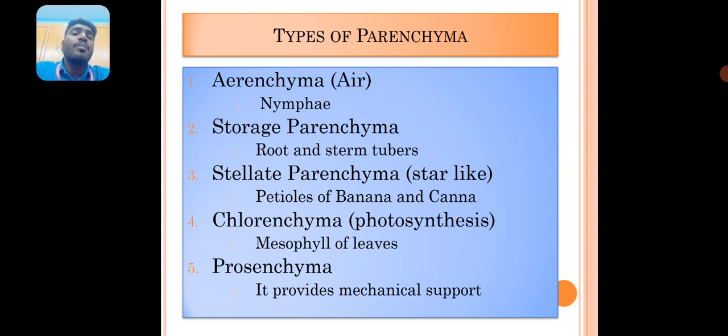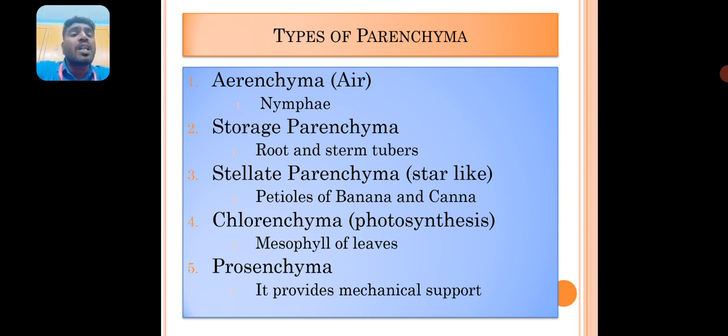Aerenchyma provides buoyancy in aquatic plants and hydrophytic plants, for example Nymphaea. Storage parenchyma stores food material in root and stem tubers.